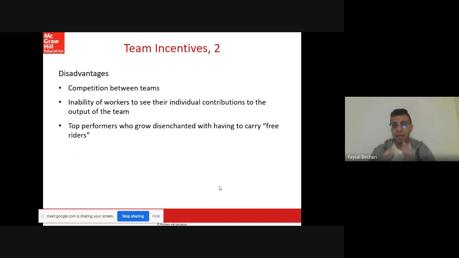Now, the disadvantage is the competition between teams. You might have your group competing with another group, and that creates competition because you're dividing the whole unit into teams, and they might compete with each other. Or the inability of a worker to see their individual contribution to the output.